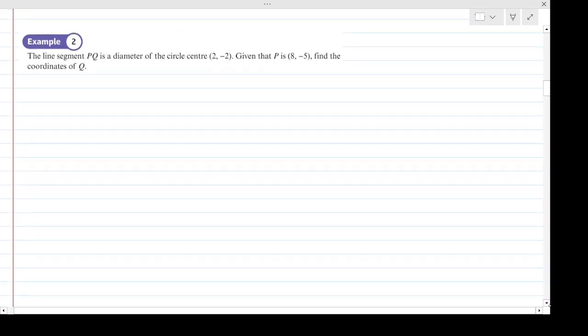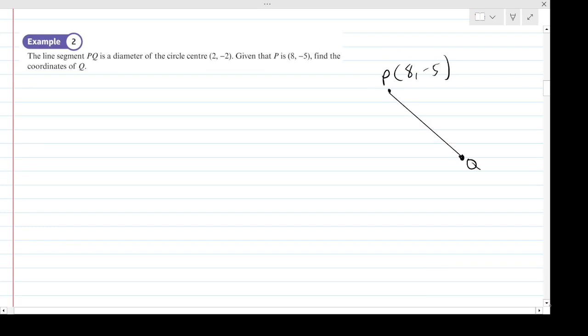Example 2. We're given the line segment PQ is a diameter of a circle, centre (2, -2). Given that P is (8, -5), find the coordinates of Q. Again, let's try and draw a rough sketch. So we have P here, and we're given P is (8, -5). Q, we're not given, so I'm just going to draw it down here.